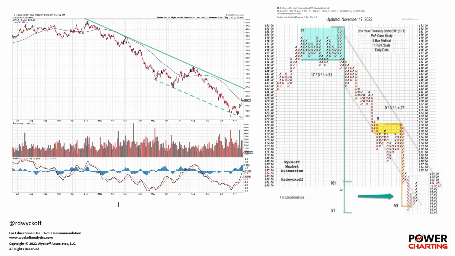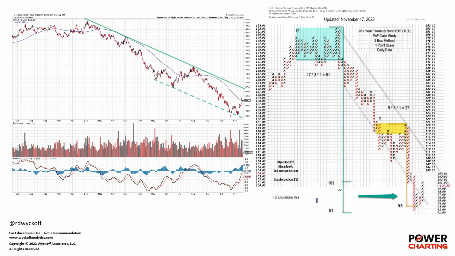Now, let's take a look at the point and figure. You've seen this before. I've added some data here. I've updated it through November 17th. We have from the distributional top a whopping decline from 152 down to a count of 91. It goes range bound, 101, 91.